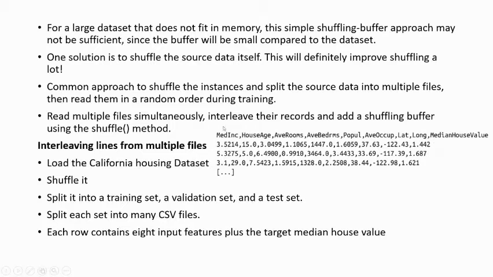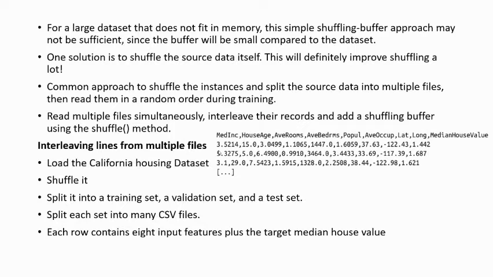It includes all the 8 features along with the dependent feature. After using shuffling and splitting, it looks something like this. These are the actual values from the data set.